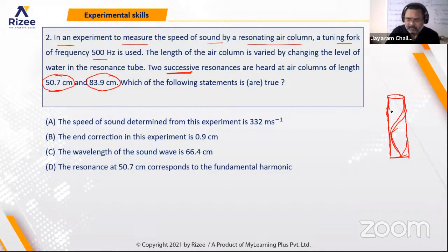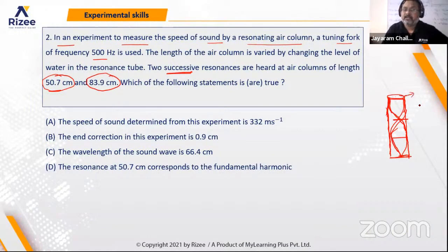Just bear with me, I'm very bad at diagrams. So two antinodes and two nodes are forming here. This is the case for two resonances.